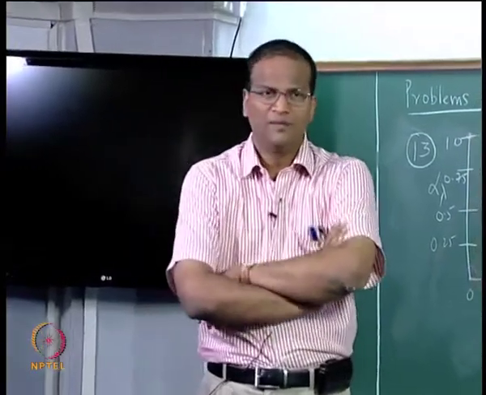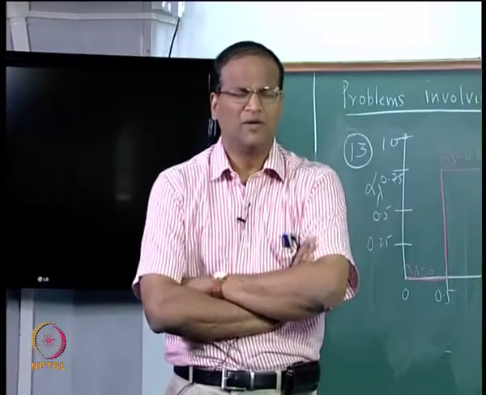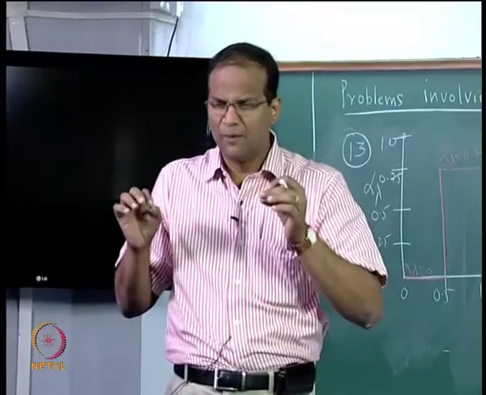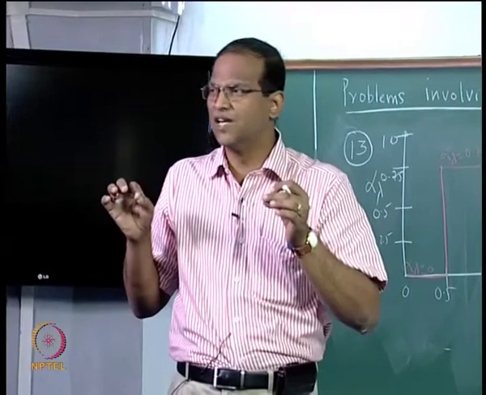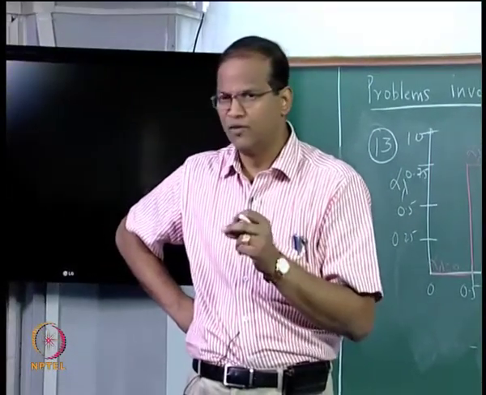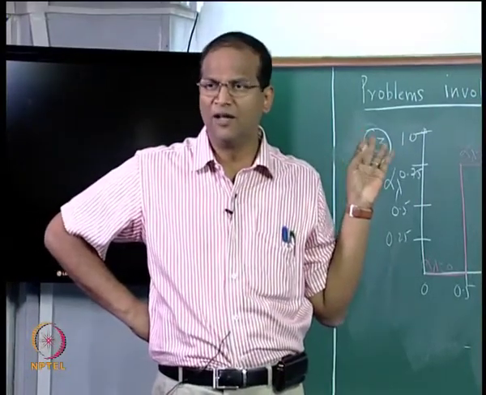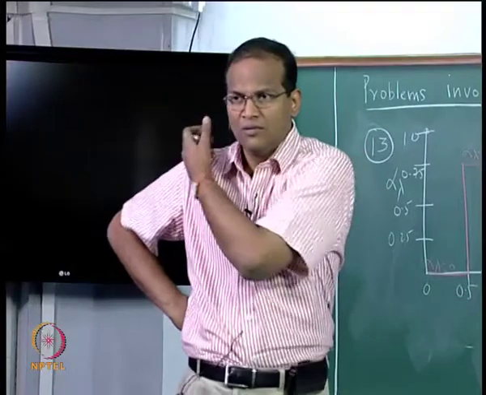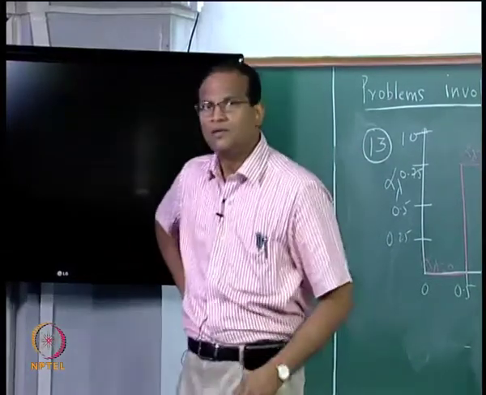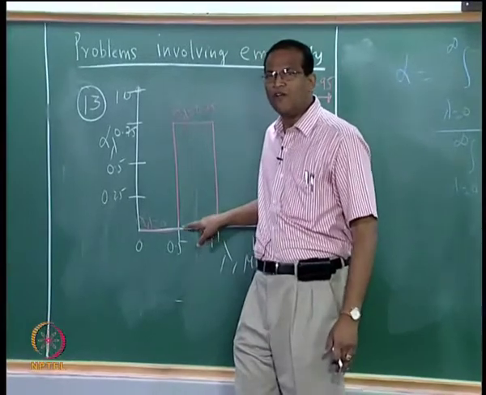If you remember, for the solar radiation in the visible part of the spectrum, we figured out that nearly 37% of the radiation was concentrated. That is 0.4 to 0.7. Here we are getting 0.5 to 1 micrometer.